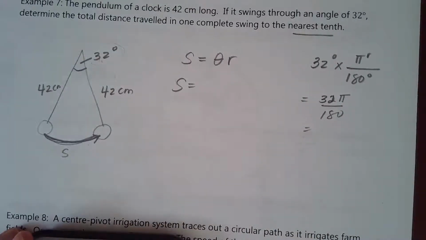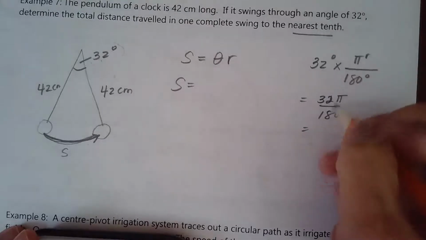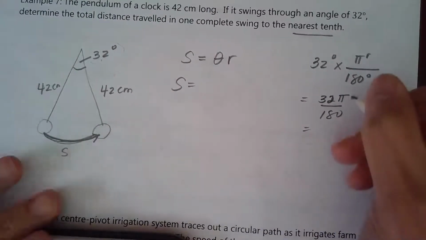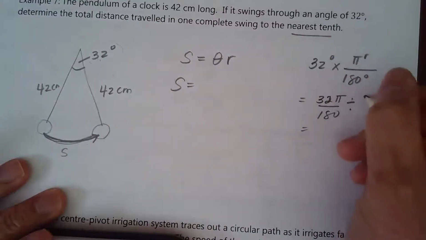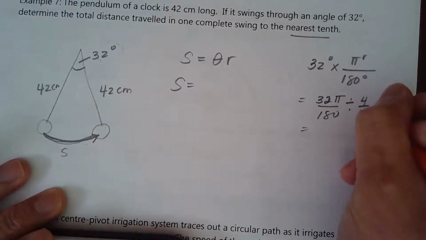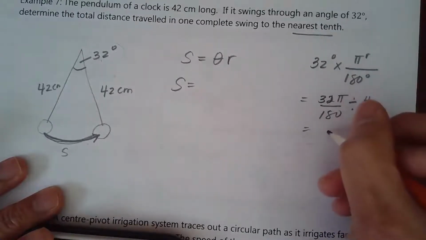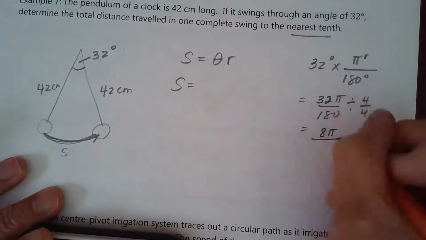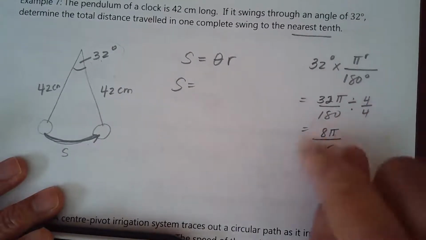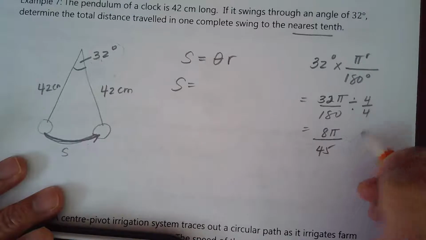And of course, we can divide that. We can reduce by dividing both by 4. We're going to get 8 pi over 45. So that's just reducing that.